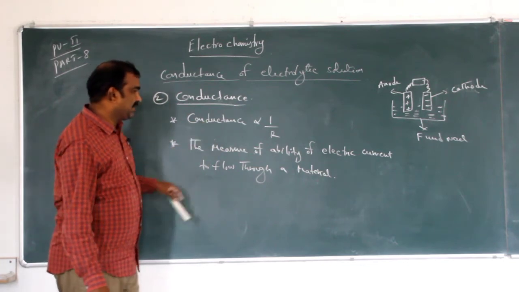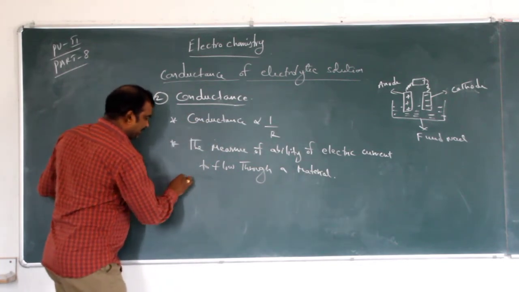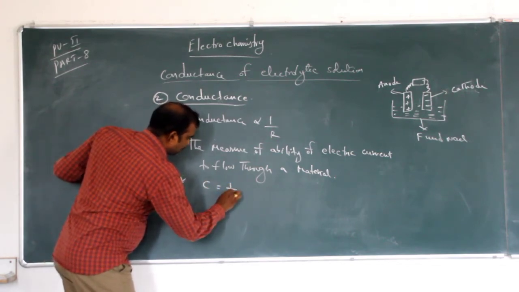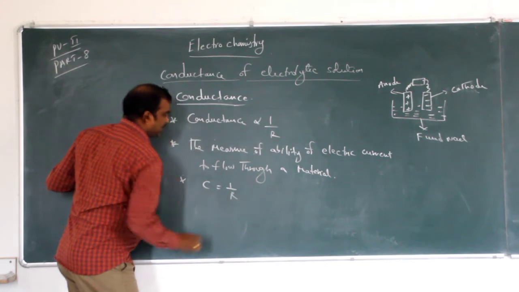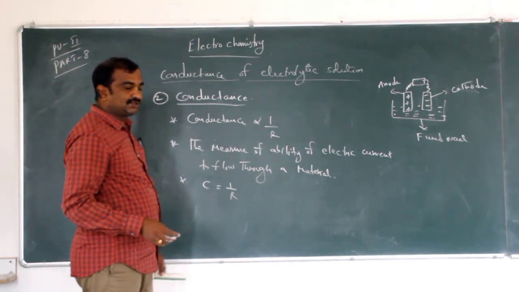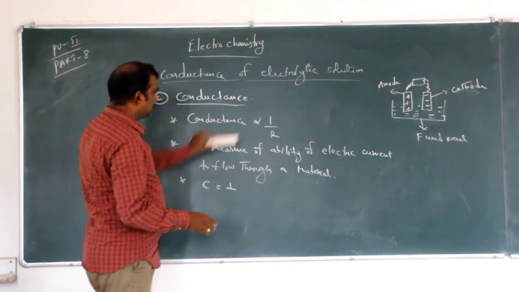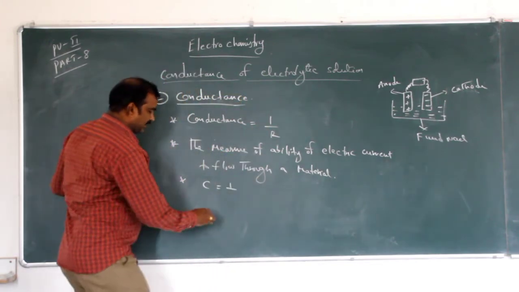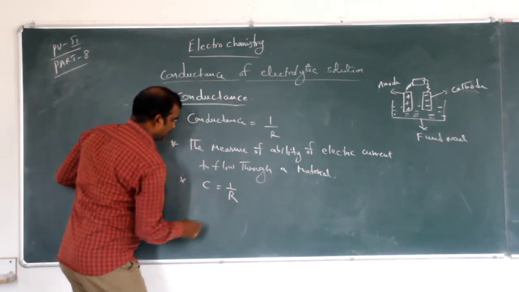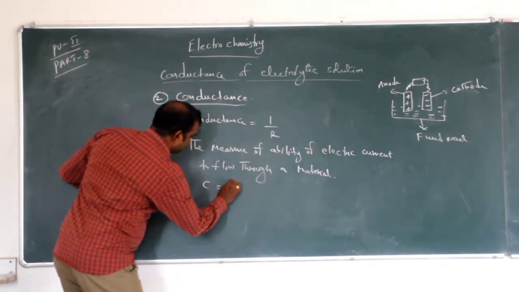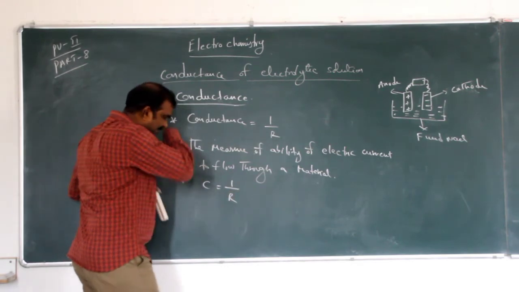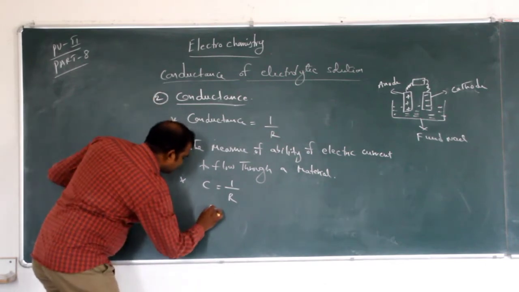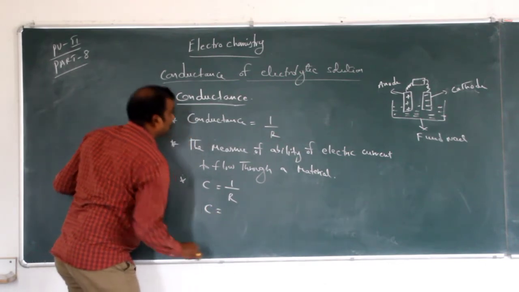We will take this in a mathematical expression. Conductance is equal to 1 by R. Look here, C is equal to 1 by R. What is R there?